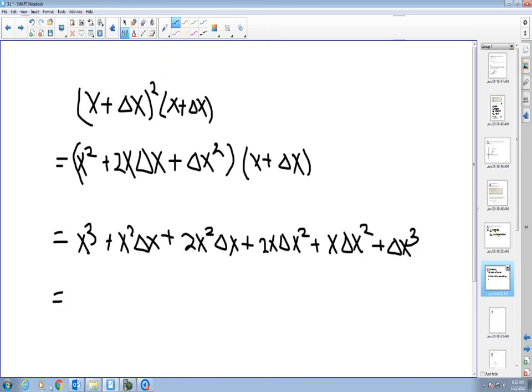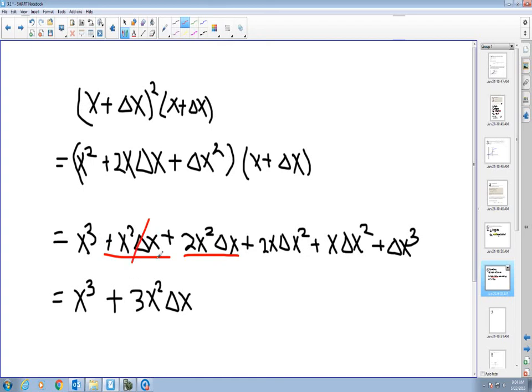Alright, let's see if I've got any like terms to combine. X to the third, no like term, so still x to the third. X squared delta x and 2x squared delta x, that makes it 3x squared delta of x.